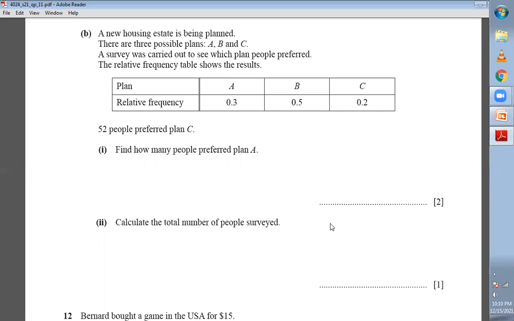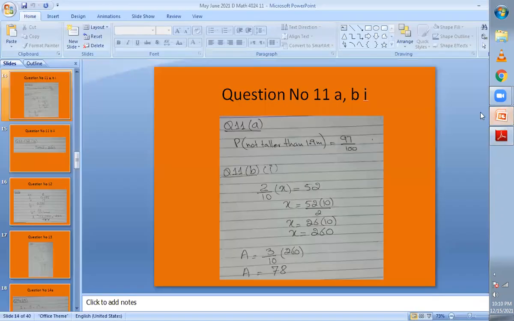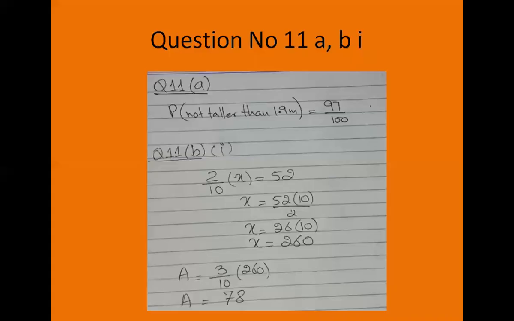There could be 2 methods to do this question. We can use the method of proportion, or we can use the other way also. Let me show you my work. I suppose the people who preferred C were 0.2, and 0.2 means 2 by 10.